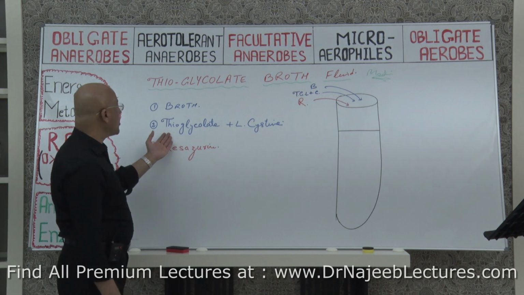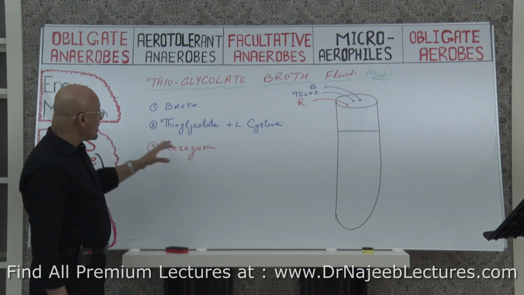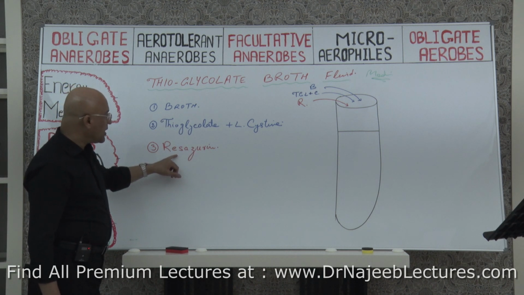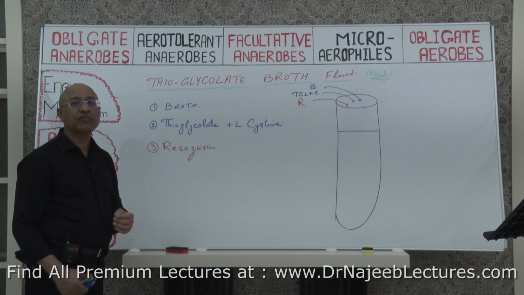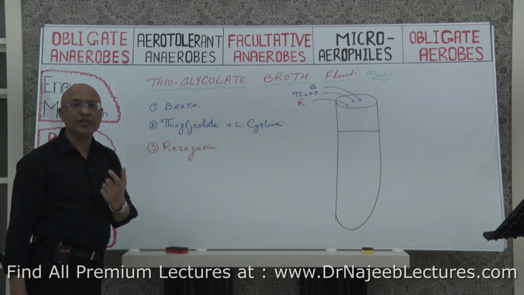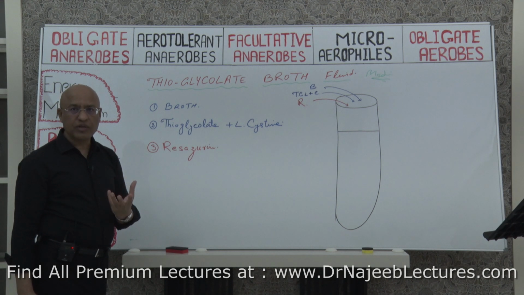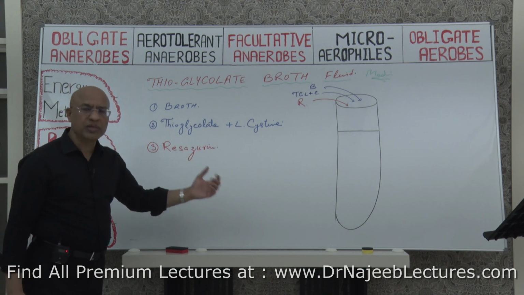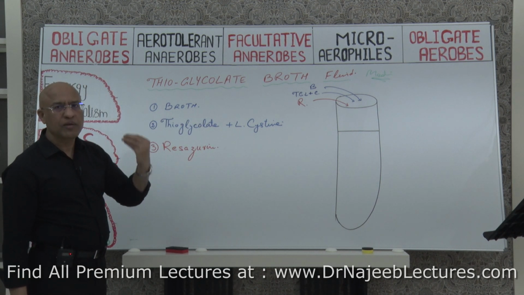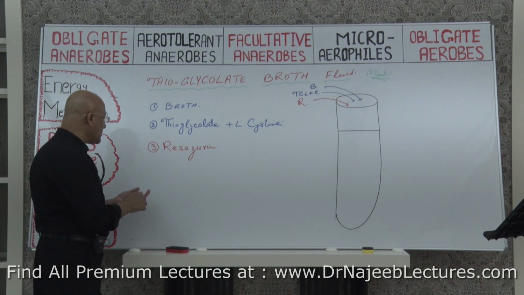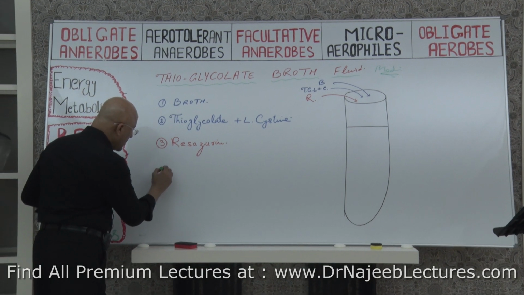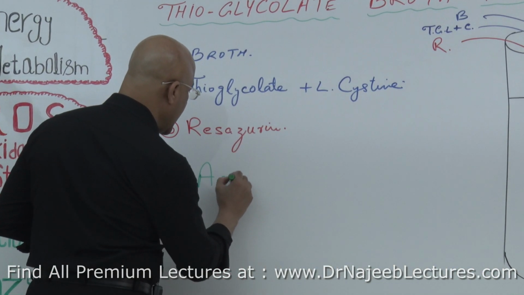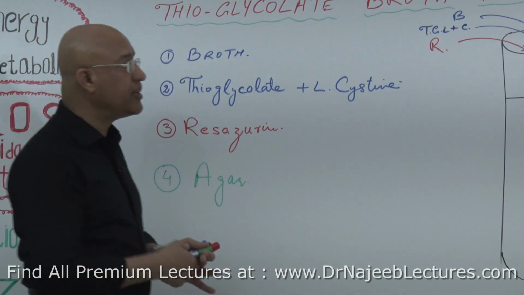right? Then we add thioglycolate and L-cysteine, right? Then we have also added to this culture medium resazurin. The advantage of resazurin is that it is an oxygen indicator, right? And if there is oxygen present, this compound will convert into pink color, and visually we can see where oxygen is present and where oxygen is not present. And the last thing which is also important to mention, a small amount of agar is also added. Why is agar added to this?